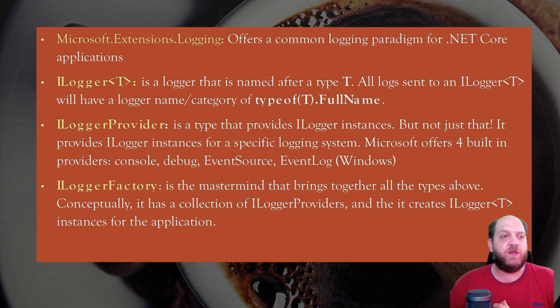So when we say that we need an ILogger of T, what happens behind the hood is that this ILoggerFactory tries to create loggers for all the providers that are currently registered. It keeps track of what providers are there, and makes sure that each provider has the correct logger instances so that we can start logging.